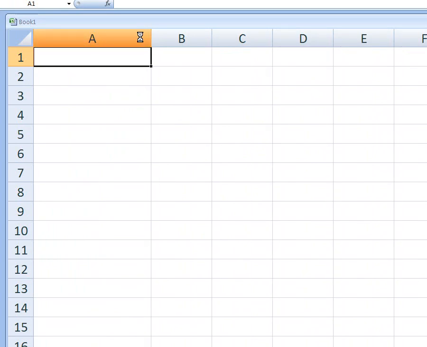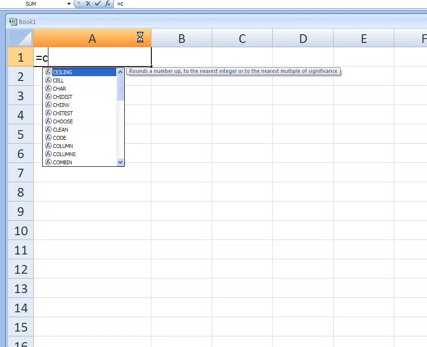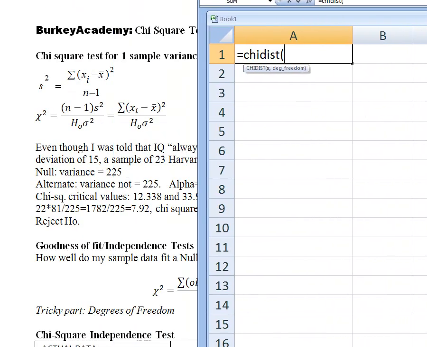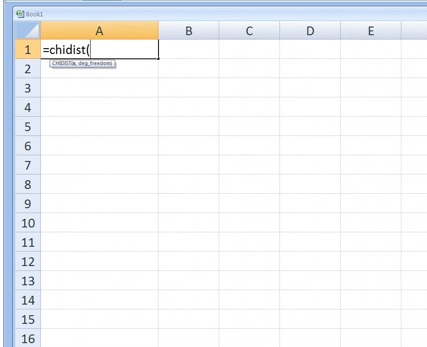The formula we want to use is equals CHIDIST, and Excel tells us it wants an x value and a degrees of freedom. And the x was 7.92, comma, and 22 degrees of freedom. What does it tell us here? 0.9973.